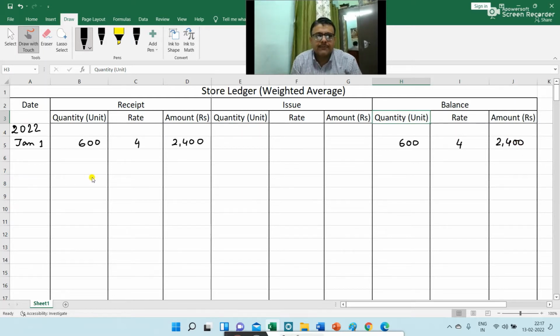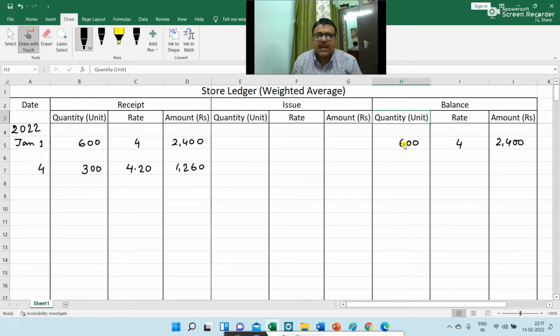Then on January 4 there was again a purchase of 300 units. So I am writing here 300 and the rate of purchase is 4.20. So the value of purchase on January 4 is 1,260. So what is the closing stock of January 4?